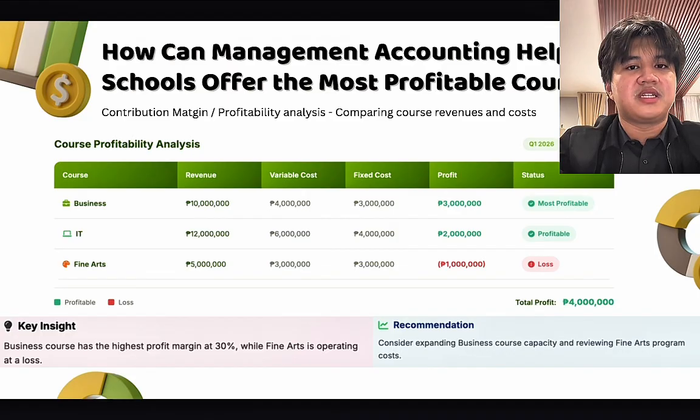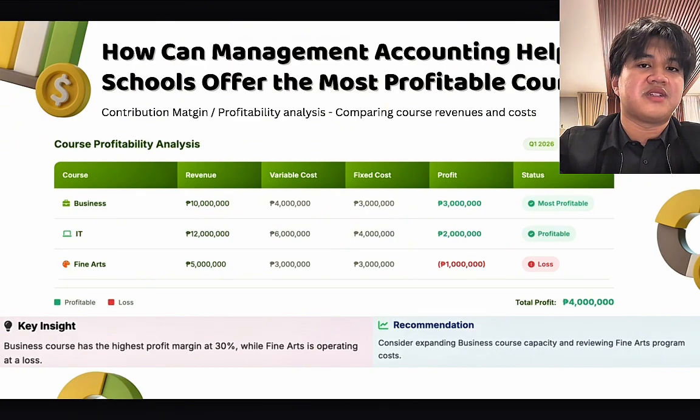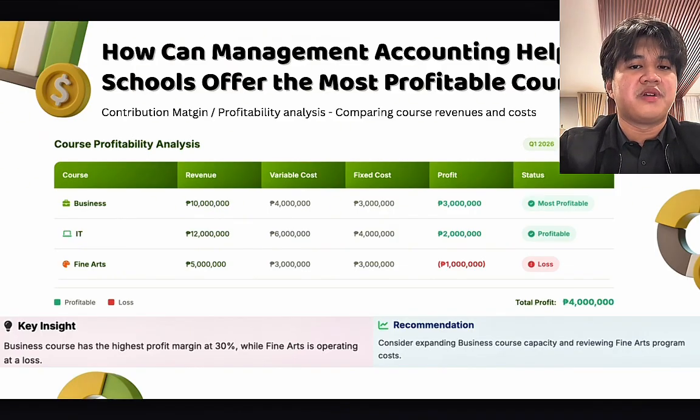For the business program, we have an example of revenue 10 million pesos minus the variable cost of 4 million minus the fixed cost of 3 million, resulting in a 3 million pesos profit. For the IT program, revenue 12 million minus the variable cost 6 million minus the fixed cost 4 million results in 2 million profit. For fine art, it reaches negative 1 million.